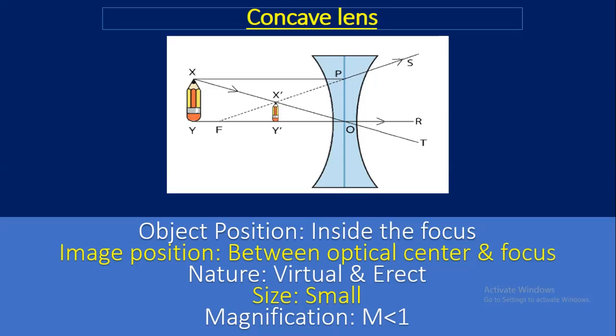In the convex lens, the image position, nature, size and magnification are directly related to the position of the object, but in the concave lens, for all positions of the object, the image position, nature, and size will be the same. I hope you have understood the difference.